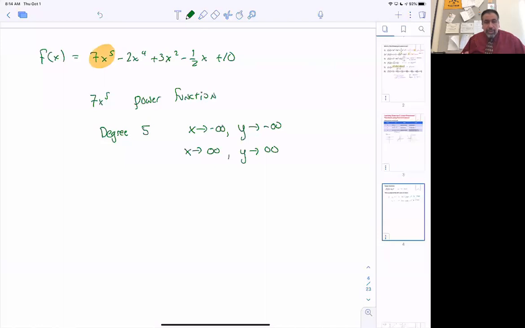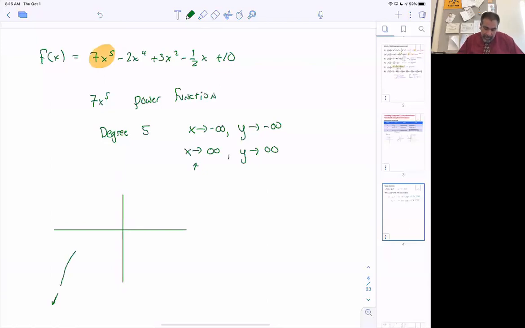So for odd functions, you're always going to get this. So this graph right here, it's not going to be exact, but we're going to know the end behavior for it. We're going to know that when we draw this thing, it's going to come from this direction down here. It's going to start down. And it's going to end in this direction up here. It's going to end up.